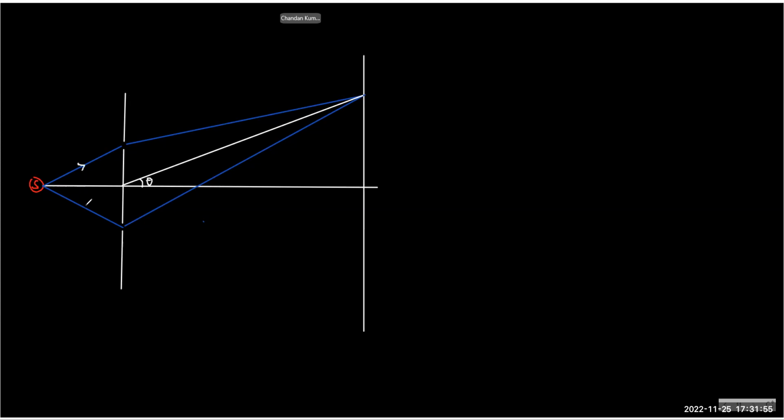So you can see because of symmetry of the two slits with respect to S, there is no path difference from S to S1 and S to S2, right? Now they will give you intensity. Let's say intensity at P is half of maximum. If this is given to you, fine.